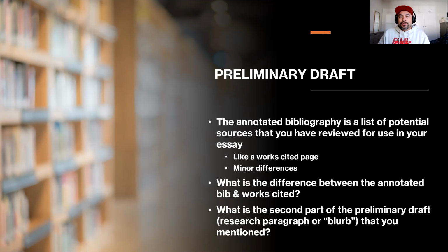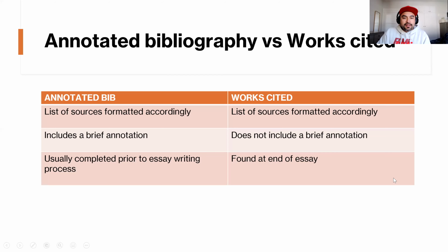I'll reiterate the options that you have. With those questions in mind, what's the difference between the annotated bibliography and the works cited page? The main difference is the annotation that someone had mentioned.